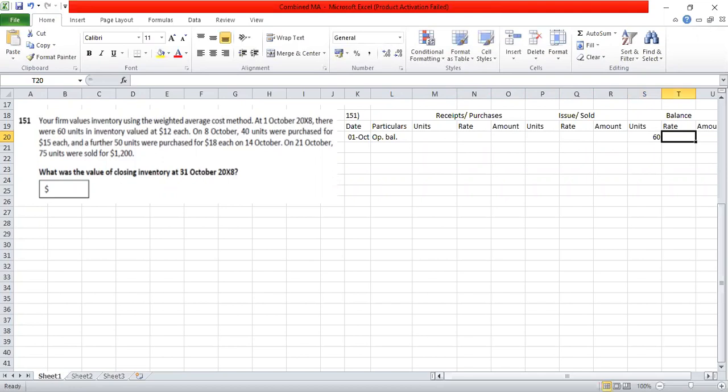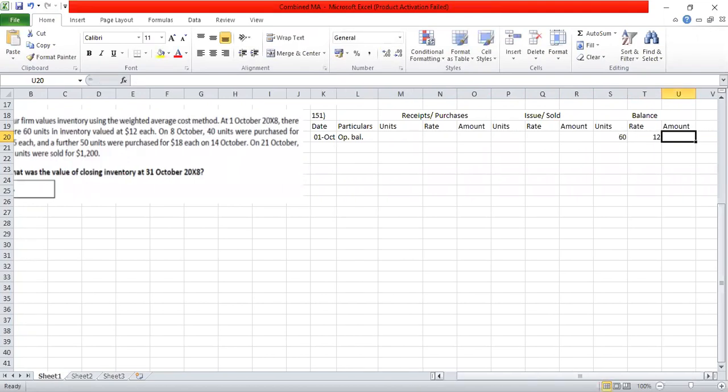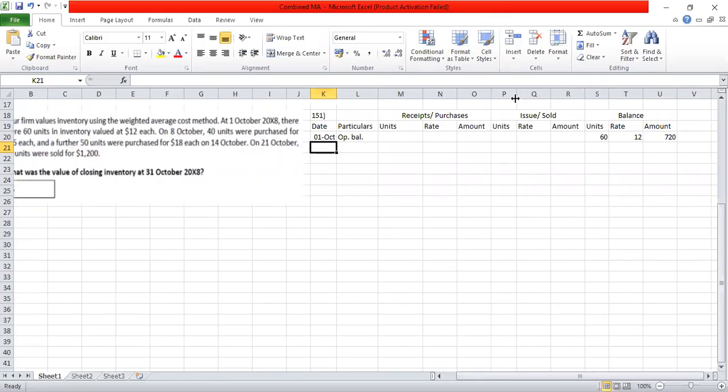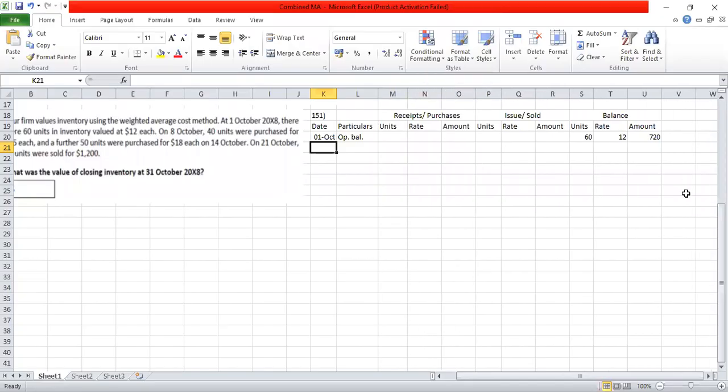Each of these 60 units is valued at 12. So the total value of that is equal to this.